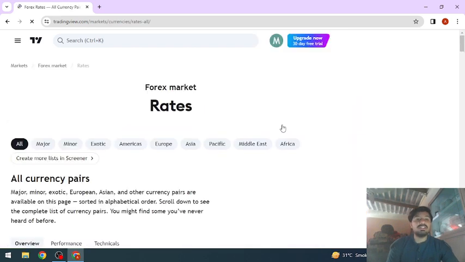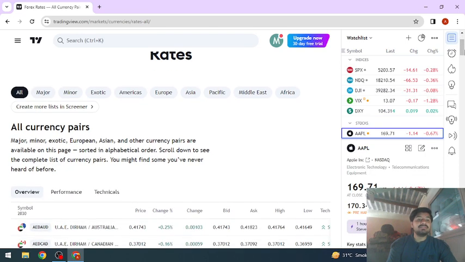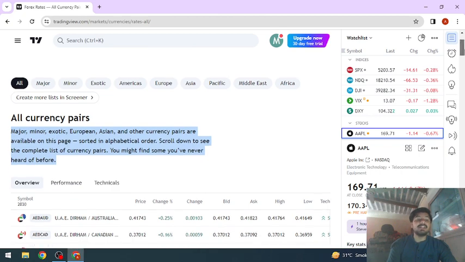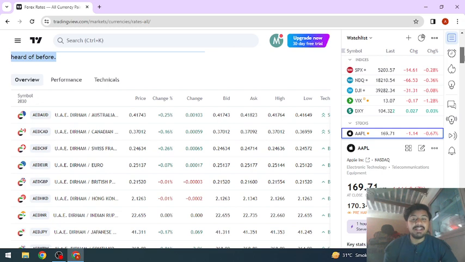If I talk about all the currency pairs, these are all the currency pairs and their rates. So all currency pairs, major, minor, exotic, European, Asian and other currency pairs are available on this page, alphabetically, to see the complete currency pairs. So basically TradingView provides all the currency pairs and they trade live on this platform.